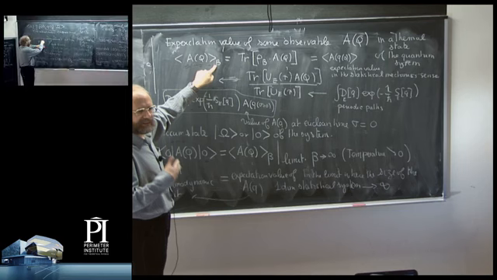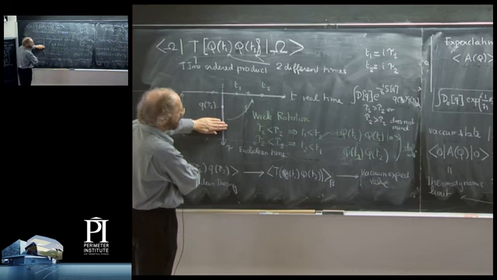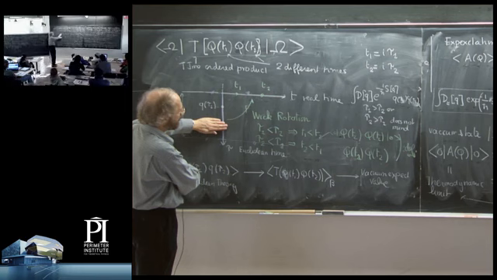If I am measuring the expectation value of Q of t1, then it's not important if I measure it here, because the action is invariant under time translation, and I am summing over periodic paths.